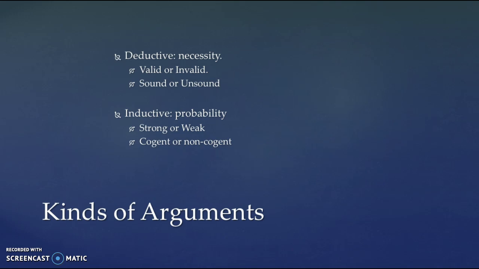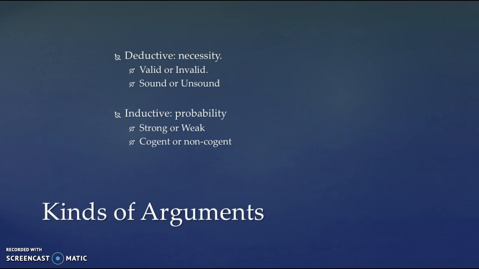An invalid argument lacks that structure. So if an argument is invalid, that means it is deductive, but that there is a logical error that prevents the premises from necessitating the truth of the conclusion.